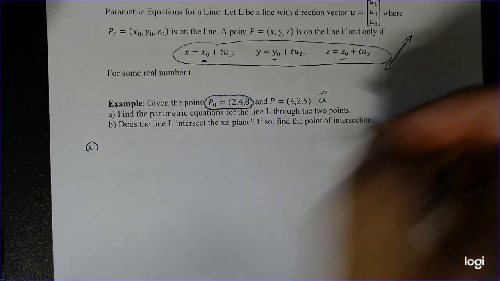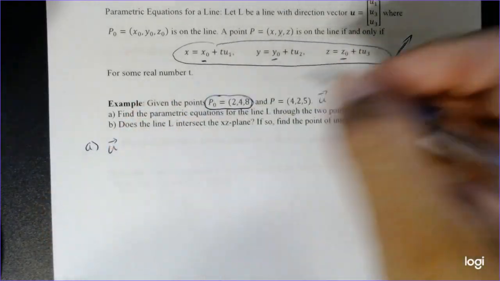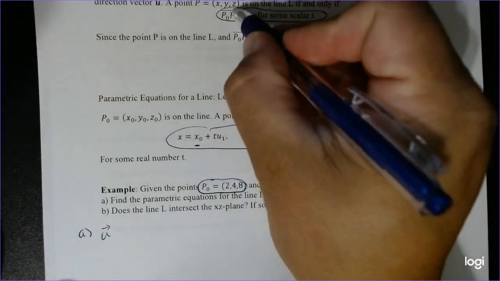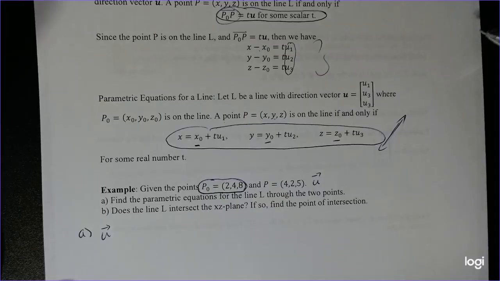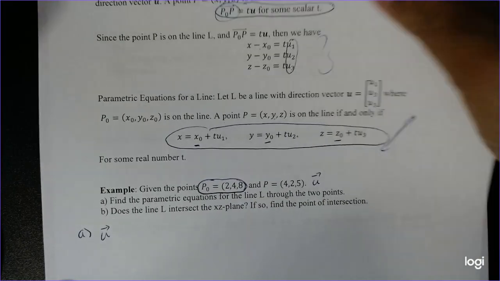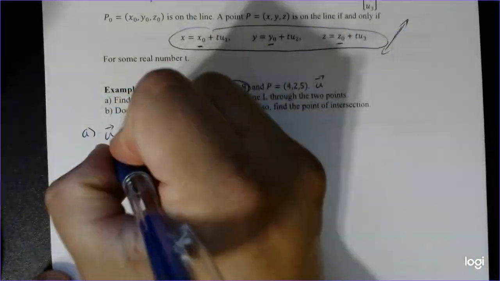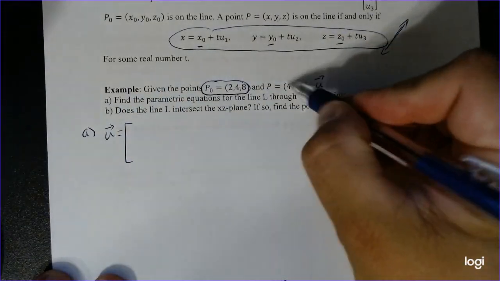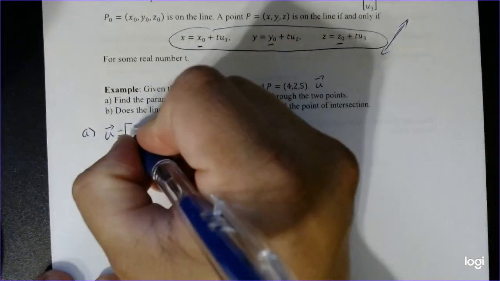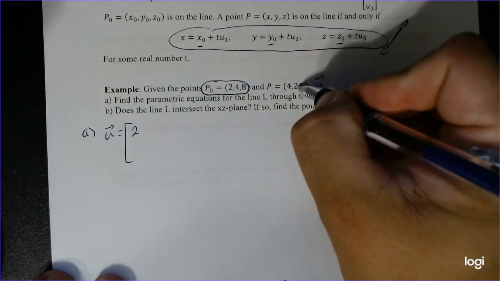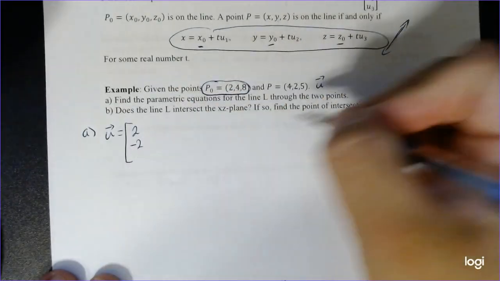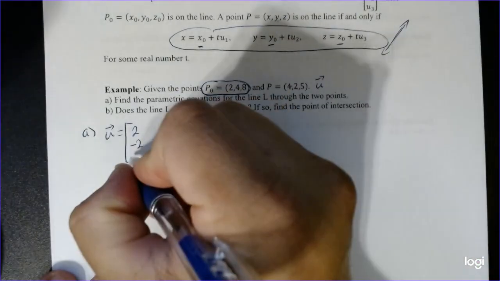Okay. So to find our vector u, we go up here and just take the vector from P naught to P, so it's final minus initial. So how do we find this vector? We go from here to here, so 4 minus 2 is 2. 2 minus 4 is negative 2, and then finally 5 minus 8 gives you negative 3.